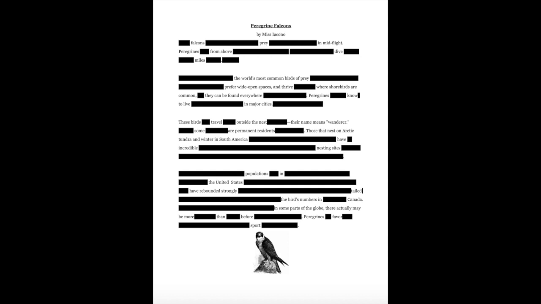Some are permanent residents. Those that nest on Arctic tundra and winter in South America have incredible nesting sites. Populations in the United States have rebounded strongly, tailed the birds' numbers in Canada. In some parts of the globe, there actually may be more than before. Peregrines favor sport.